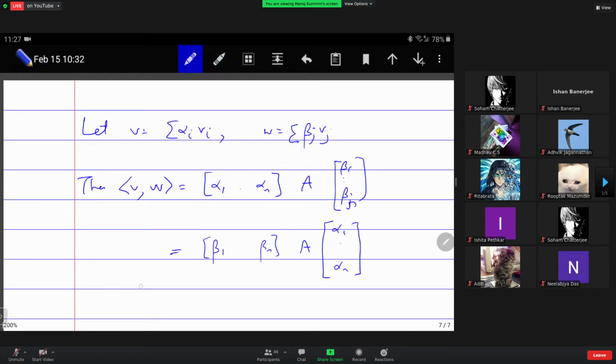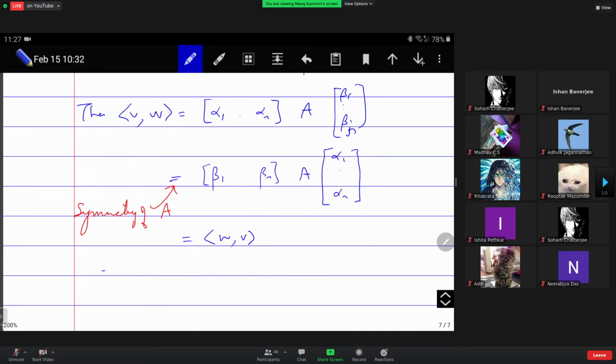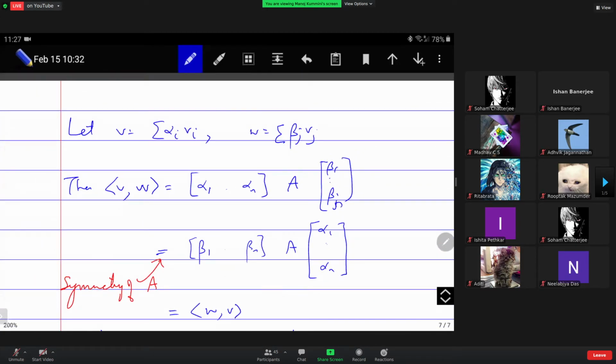Okay, so this is by symmetry of A. So we have this, but then the last quantity here is what we mean by the form of W, V. Okay, that is the form is symmetric. Okay, so this is how symmetric forms look like. They are given by the middle matrix being a symmetric matrix.